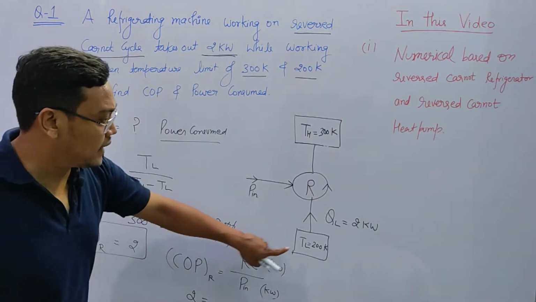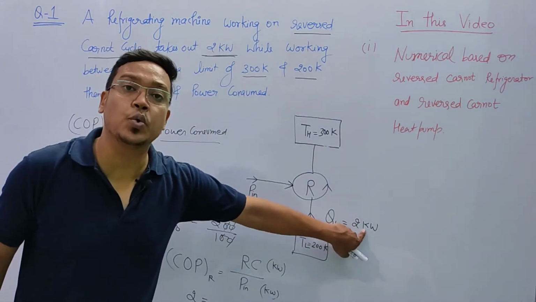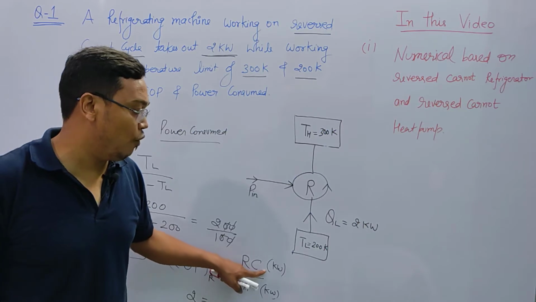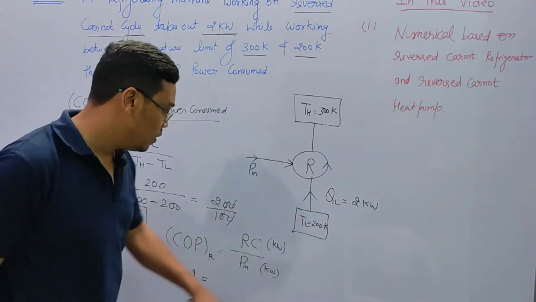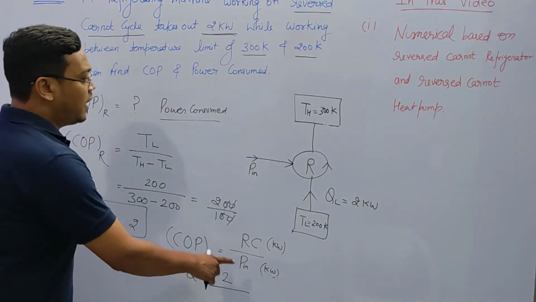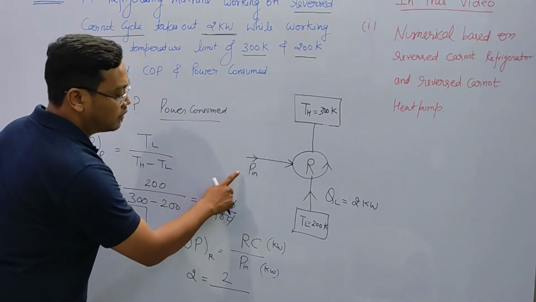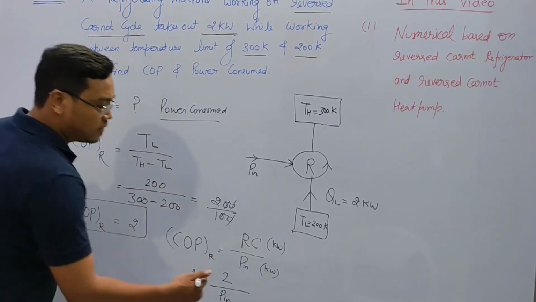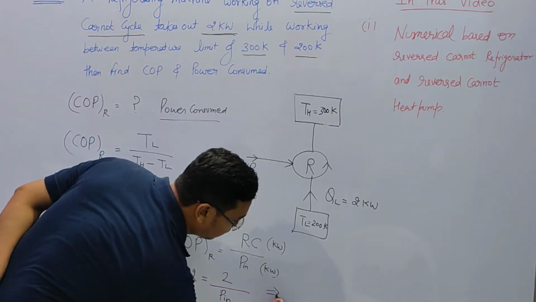So refrigerating capacity is given, 2 kilowatt. Okay, so 2 divided by power input, we have to find out power consumed. From this, what shall be the power input?